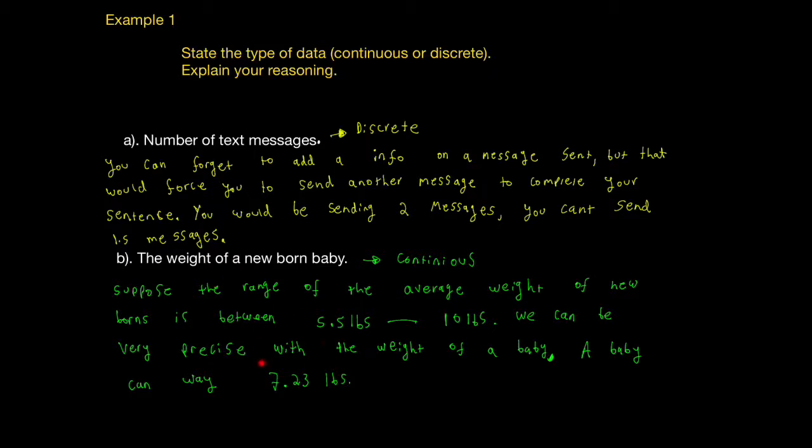So here we can measure the weight. On top of being able to count it, we can also measure it and be as precise as we want to be. So using these two examples, do the next set of problems on this assignment, and then I'll see you back for the histograms examples.